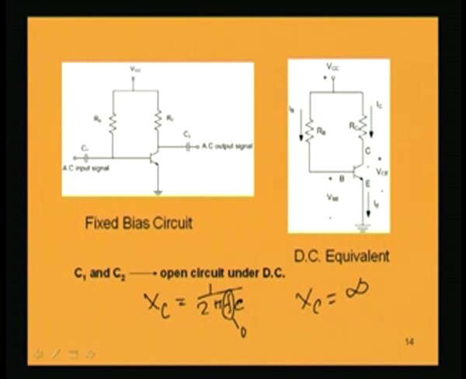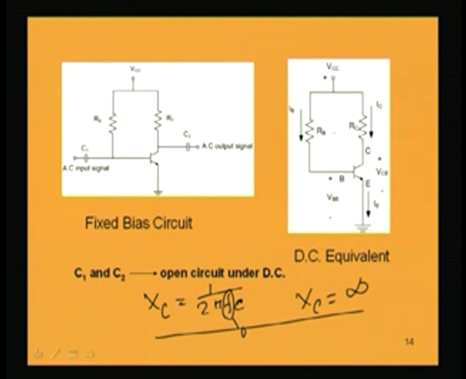So, under DC condition, we will have a circuit without these capacitors, because a capacitor is an open circuit for DC. So, the DC equivalent for this fixed bias circuit is this one, and this is purely a DC circuit.